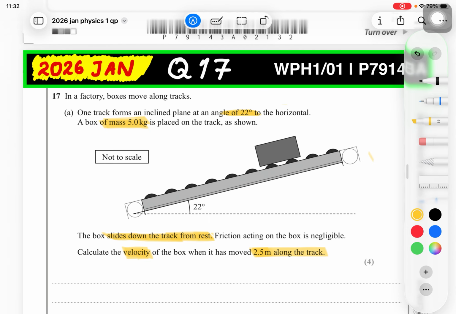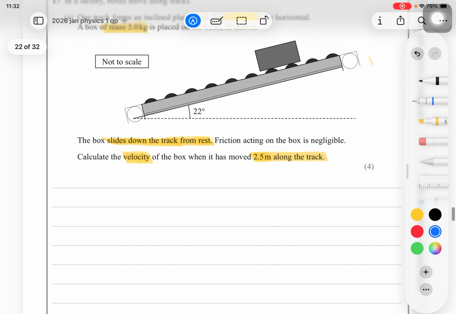Okay, so what they're going to say is it has moved. So if I show the information, let me draw the figure here. If this angle is 22, imagine the object was at this point before, because I'm marking it as a point so that it will make our life easy.